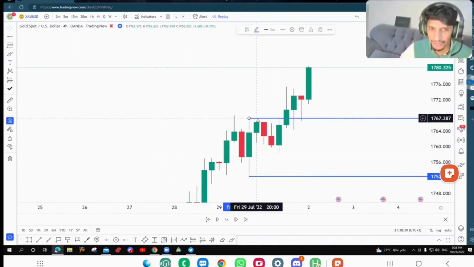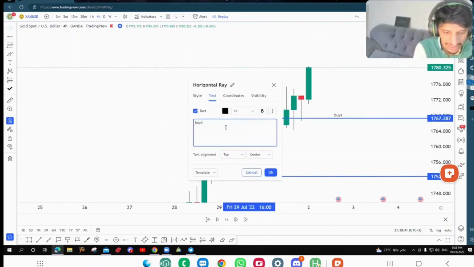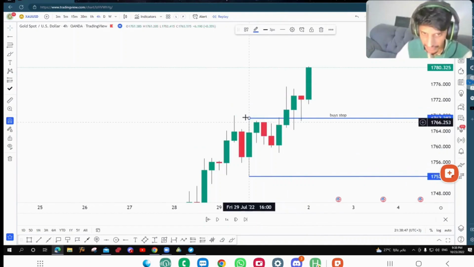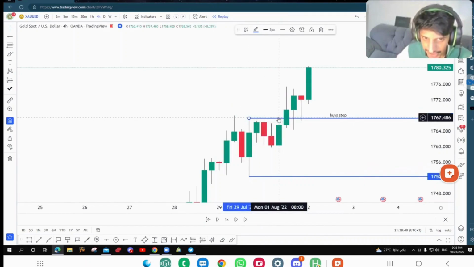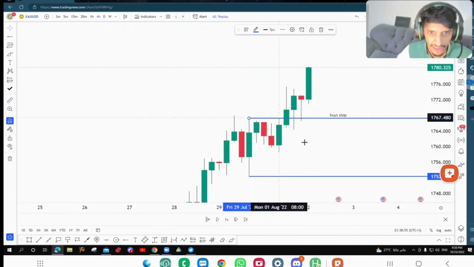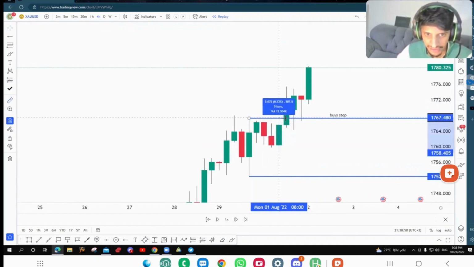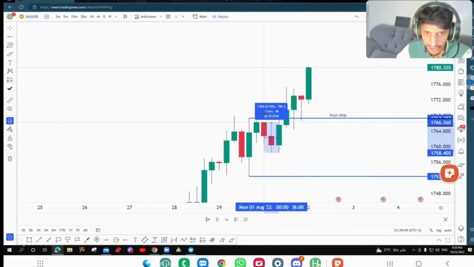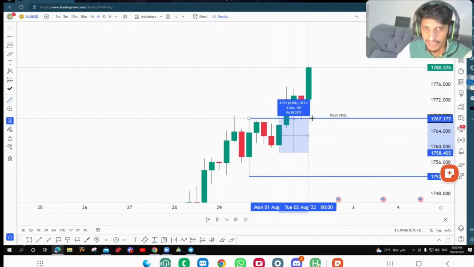If you have put a buy stop here, this candle could have activated your buy stop. Let's say how much is the low of this candle. 70 pips. This is the 4 hour. Let's say you are a swing trader. This can happen in every time frame.